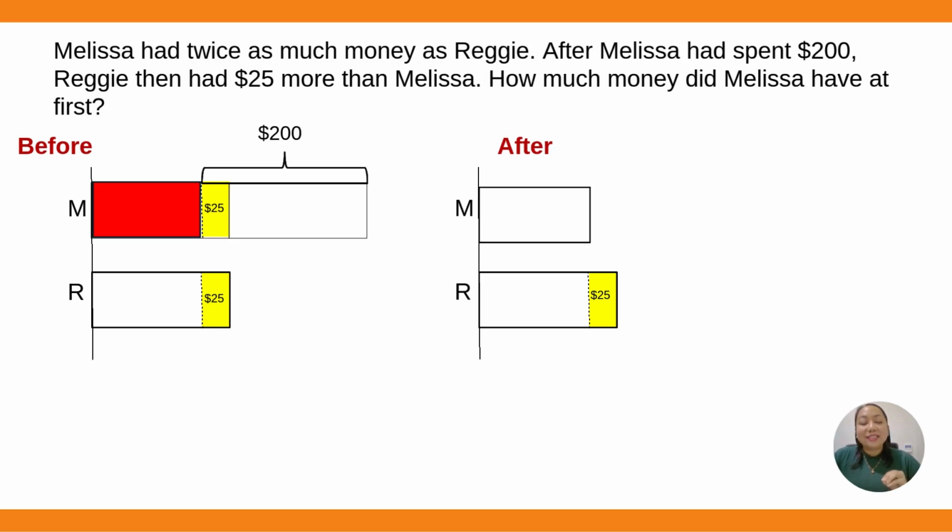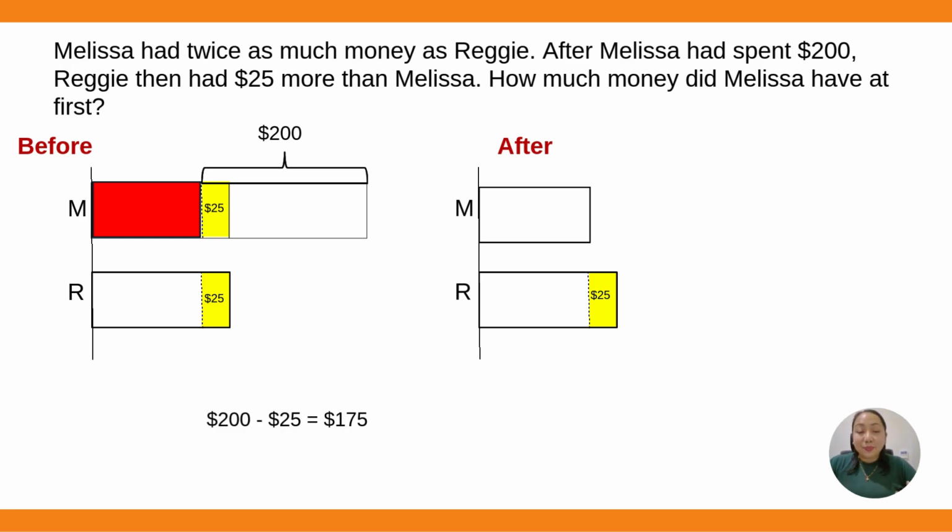So if that is the red part, that part is again what Melissa had left after spending the $200. Therefore, that other part is already the $200 that Melissa spent. So let's label that. Let's put a bracket and label it $200.